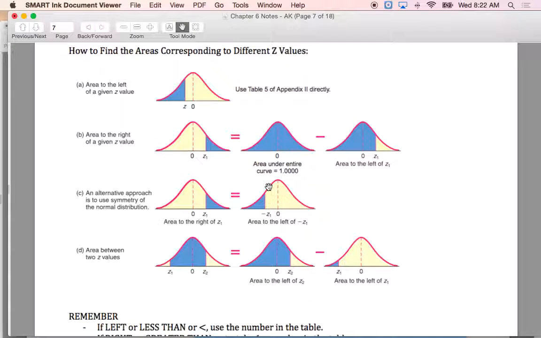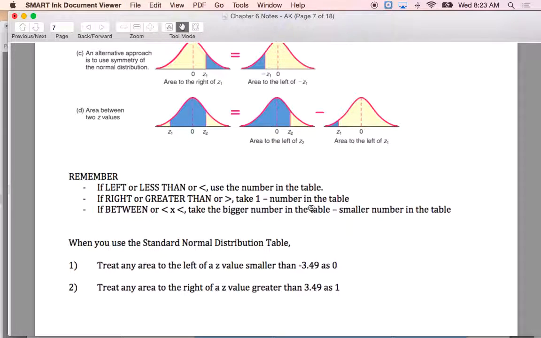Now you're going to be finding different areas. So here's kind of a picture of what's going on with all of these. I also, in words, if you keep going down, tell you exactly what you need to do because I know this is going to get confusing a little bit when you go through it. So if you see the words left, less than, or see the actual less than symbol, you're going to use whatever number is in the table.